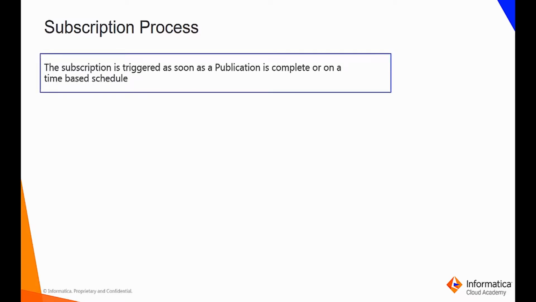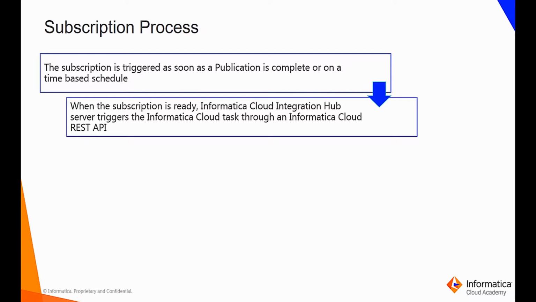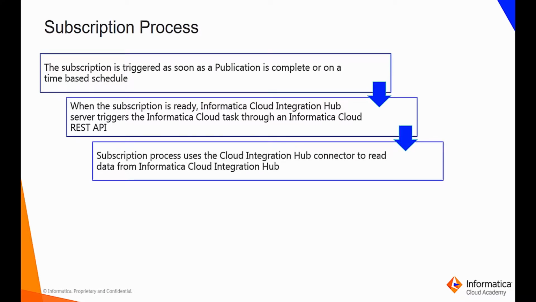The subscription process consists of the following stages. The subscription is triggered as soon as a publication is complete or on a time-based schedule. When the subscription is ready, the Informatica Cloud Integration Hub server triggers the Informatica Cloud task that is defined for the subscription through an Informatica Cloud REST API. Subscription process uses the Cloud Integration Hub connector to read data from Informatica Cloud Integration Hub.